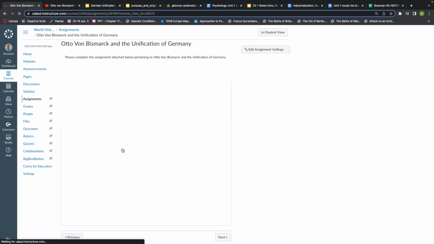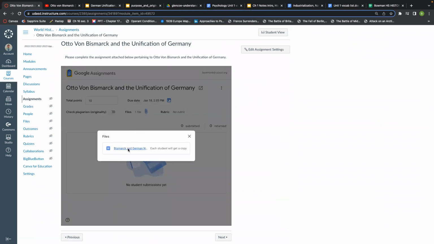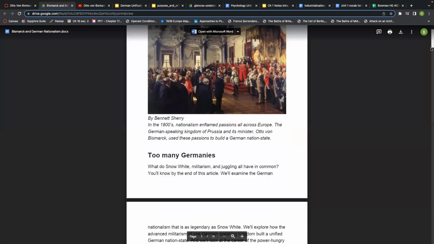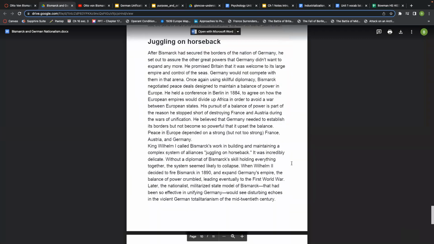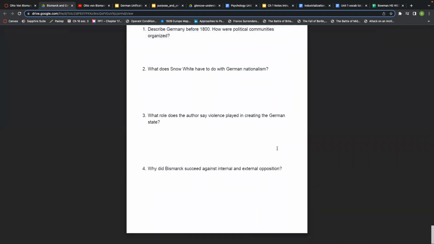So here's what it looks like. Here's the reading, and then the questions attached. There's a lot of big pictures there, I promise, and a map. There's a lot of maps and pictures, so it's not like there's a big chunk of reading. It shouldn't take you too long.